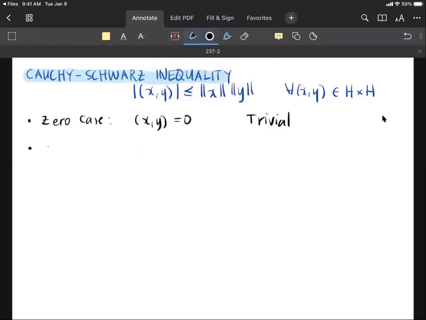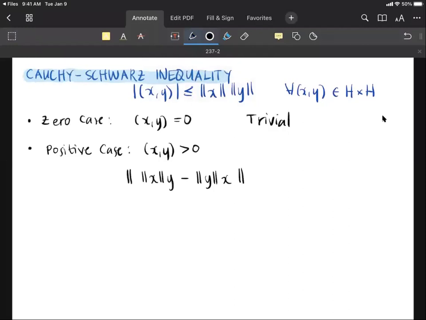Next, we consider the positive case. So what if the inner product is positive? Okay, then the trick here is to consider the following. We take the inner product of this difference, norm of x times y minus norm of y times x.